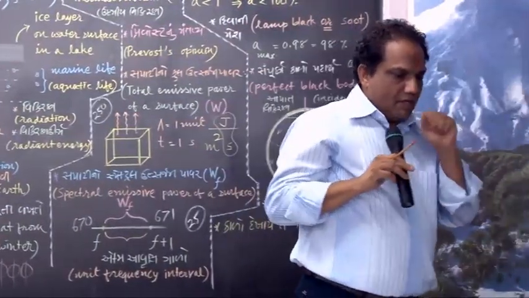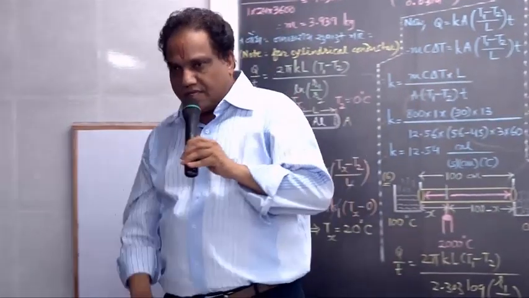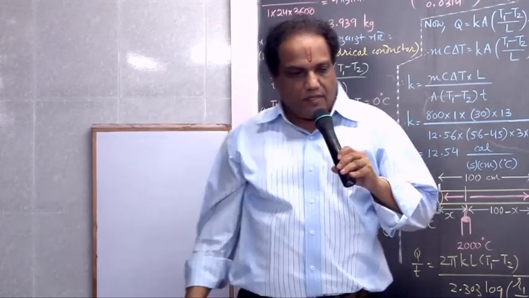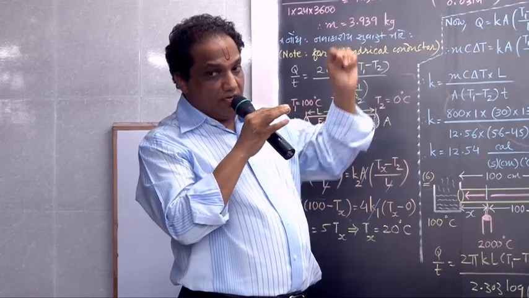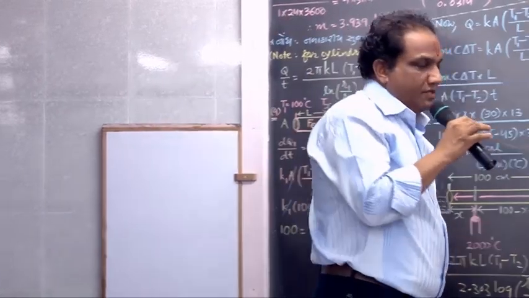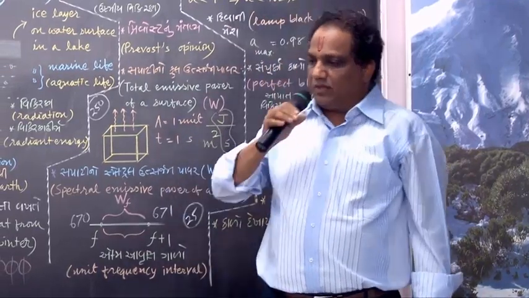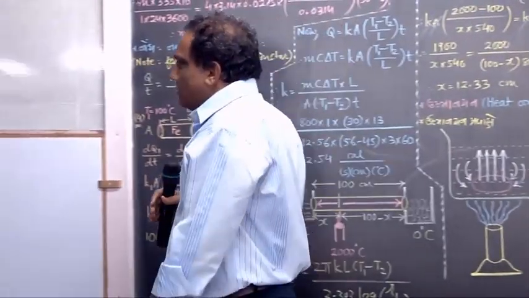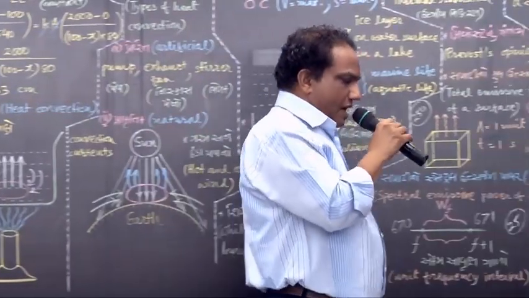Write an extra sum. In illustration number 3, if instead of a spherical shell, a cylindrical shell of length 3 meter is given, then find the mass of ice melted in 1 day.